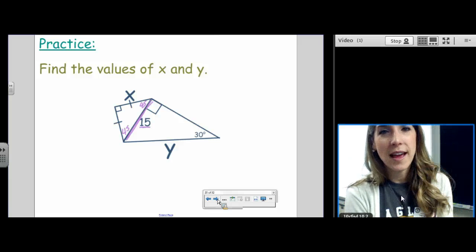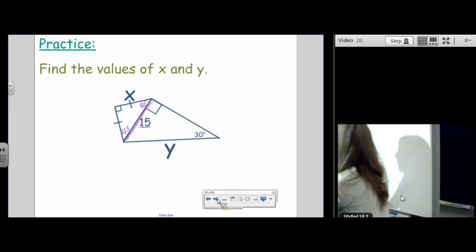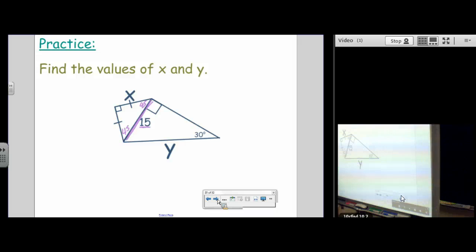Remember, when you're looking for a leg, you divide, whereas when you're looking for that hypotenuse, you multiply. So to find x, we're going to have to do 15 divided by root 2. We're going to have to rationalize: 15 root 2 over 2, or 7.5 root 2, either way. So that's x. We found x.